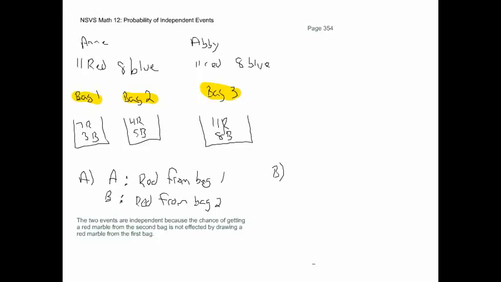Then question B says, let C represent a red marble from bag 3 and D a second red marble.